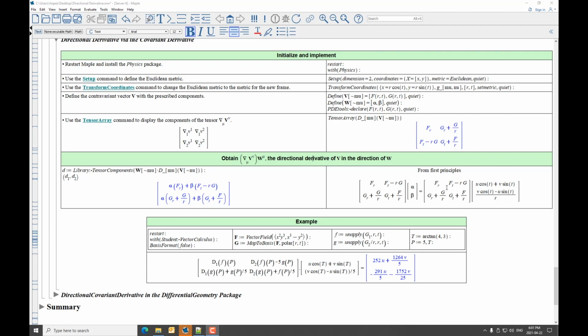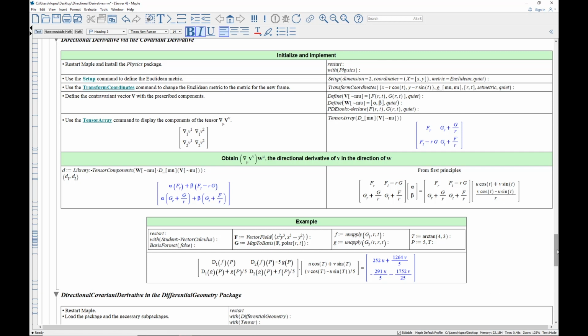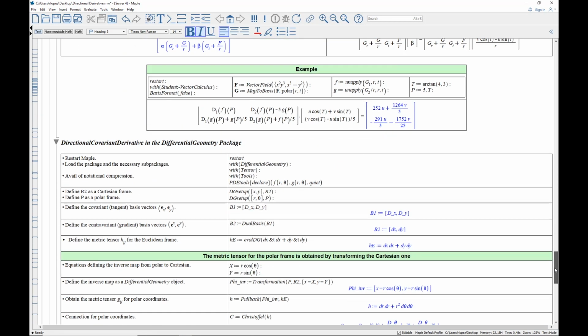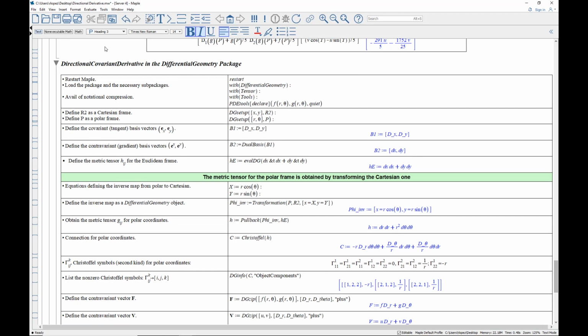So this is the correct representation of the covariant derivative in polar coordinates if you use natural basis vectors. It's correct. There is one other place in Maple where this directional derivative can be computed, and that's in the differential geometry package, which has a command for the directional covariant derivative.